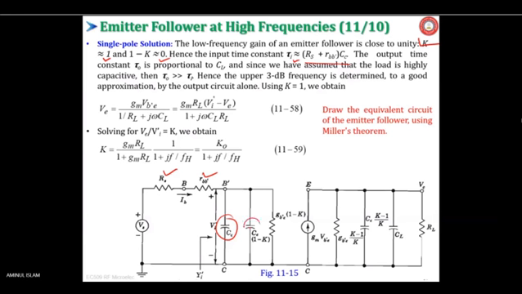See, this can be avoided. These two things can be avoided for approximation, because 1 minus k is going to be 0 as the gain is almost 1. So these two things are neglected. Obviously, it is going to be an approximate calculation.